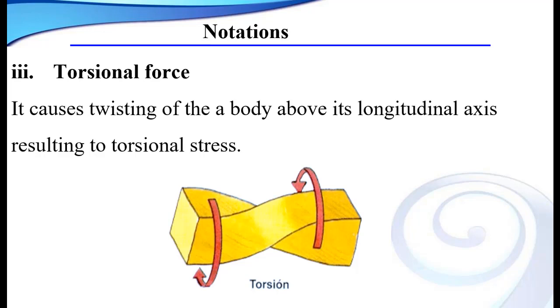Number three, we have the torsional force, and this force causes the twisting of a body about its longitudinal axis, resulting in torsional stress. As you can see, that body is twisted about its longitudinal axis.